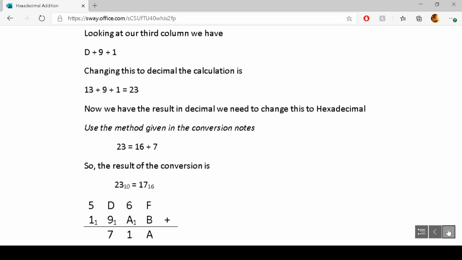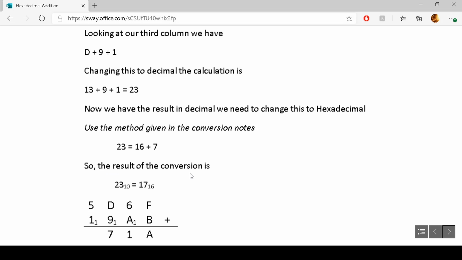Our third column, we have D plus 9 plus 1. So D is 13 plus 9 plus 1. So the answer here is 23. 23 is too big for our unit column. So what we'll do is we'll split 23 into 16 plus 7.